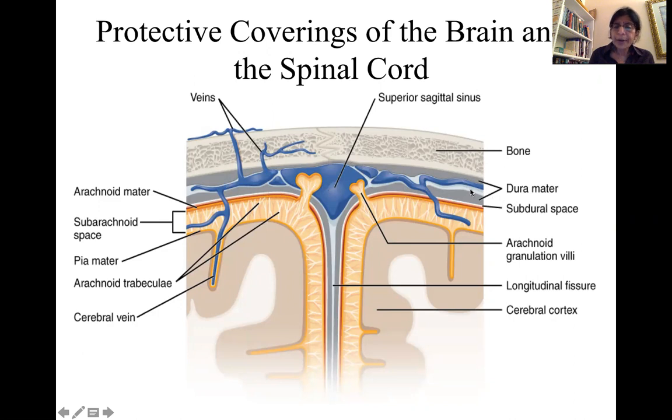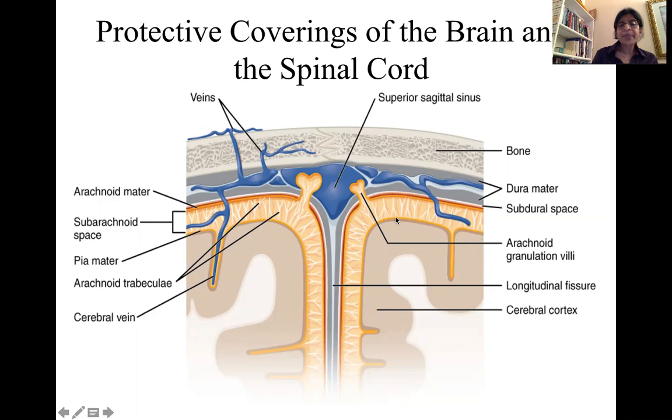So dura mater, and then there is this orange layer underneath. That's what you call arachnoid mater, or simply arachnoid. Then the innermost layer is shown in yellow here. This is pia mater.